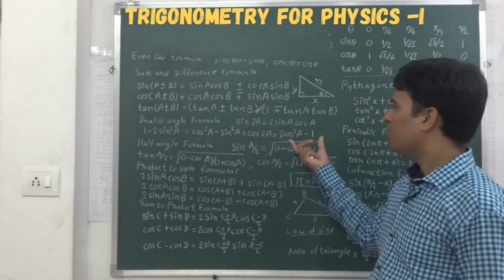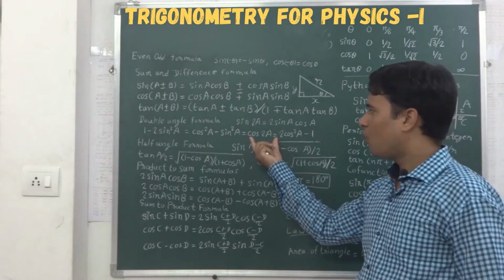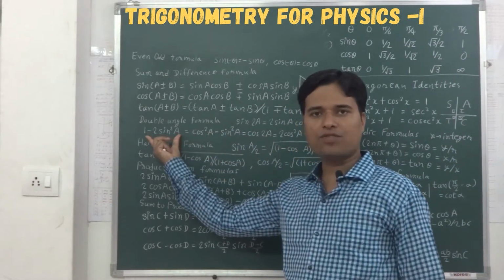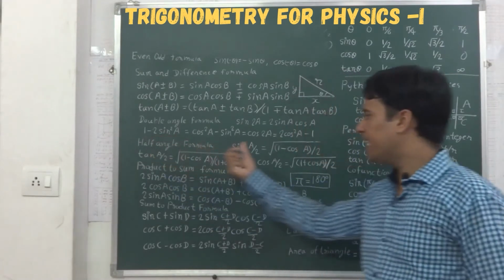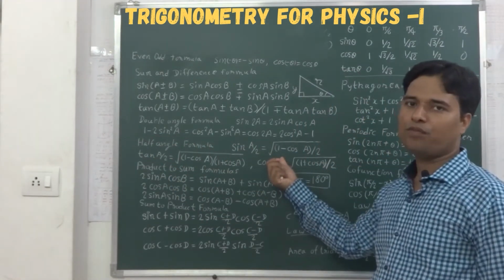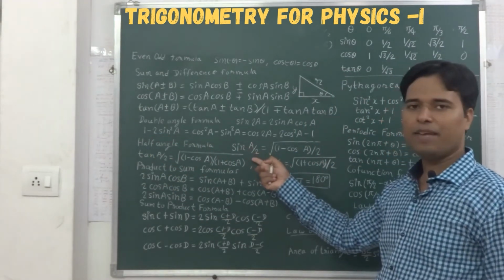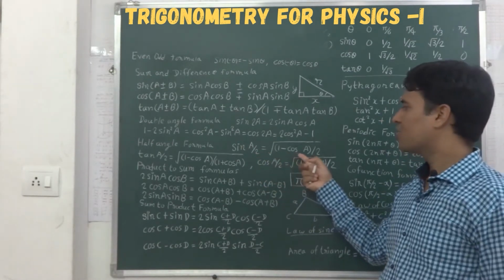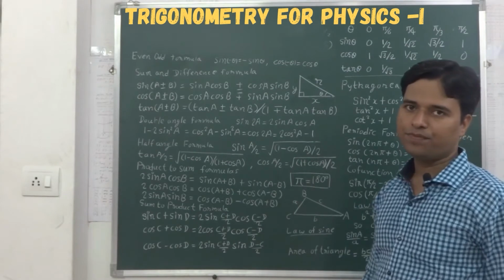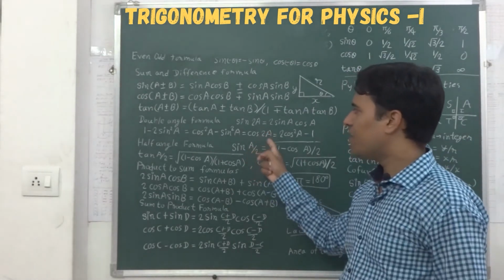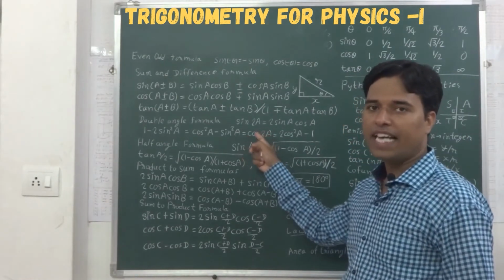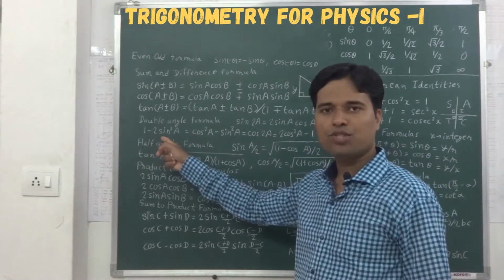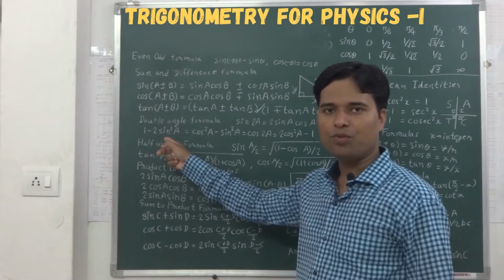Use the two parts here, cos 2a and here 1 minus 2 sine square a, and you can get this form of equation, sine of a by 2 is equal to square root of 1 minus cos a by 2. Use here theta by 2 angle, cos theta will be equal to 1 minus 2 sine square theta by 2.